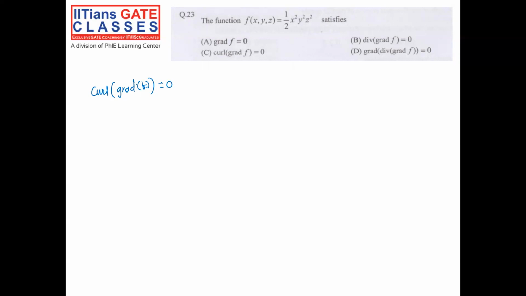And divergence of curl of a vector is 0. So if you know these basic properties, out of this we can clearly see that option C is there.